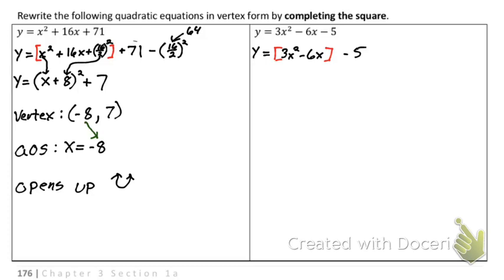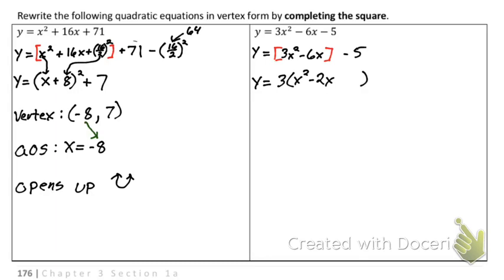So I'm not adding anything in, because you can't complete the square unless it's a 1 in front of your x squared. We can't divide by 3, because if I did, we'd have y over 3 equals something, and I want y equals something. We're going to factor out a 3, and it's going to be y equals 3 times x squared minus 2x. I'm going to leave it blank right now.